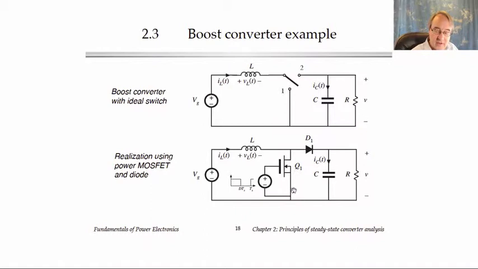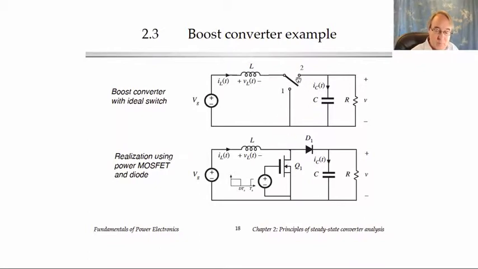When it's on, it effectively pulls this node down to ground, just like when the switch is in position 1. For the switch in position 2, the gate driver turns off the MOSFET by making its gate voltage low. When the MOSFET is turned off, the inductor will forward bias the diode, turning it on and putting the switch effectively in position 2.